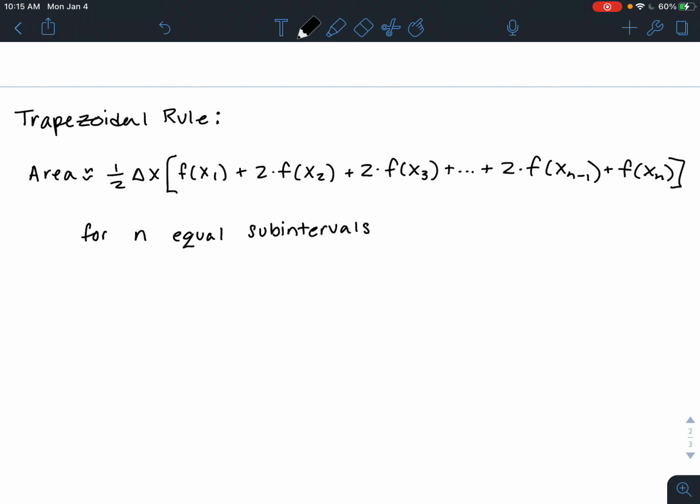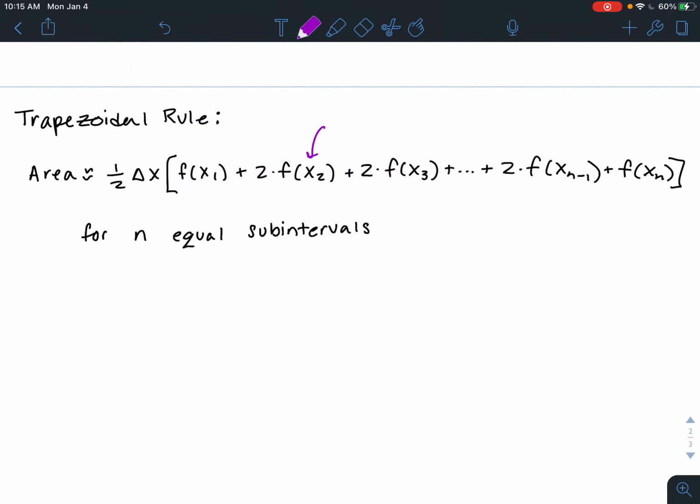So in order to use this formula, they do have to be equal subintervals, otherwise you have a varying delta x, so you can't have it factored out in front. Those subscripts x1, x2, x3, out to xn are just saying this is the first x value that you're going to use in your interval, this is the second one, the third one, and so on.